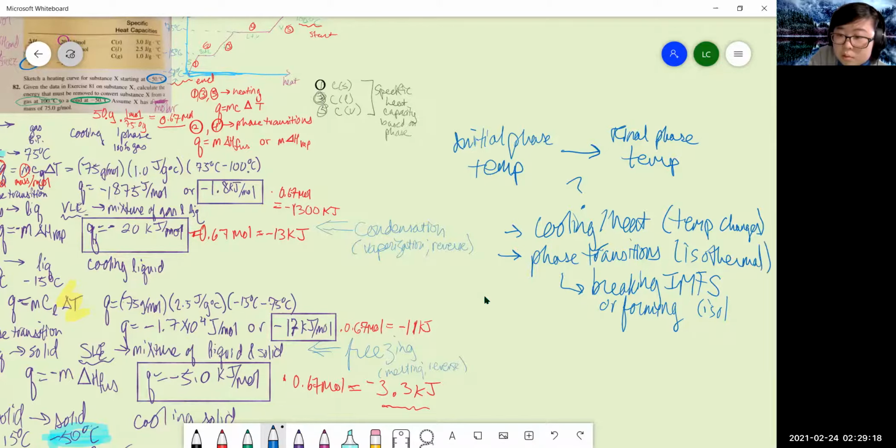No temperature changes are occurring. You're just breaking or forming bonds between the molecules. Not the actual bonds inside a molecule. They're intermolecular, so between molecules. So you're not breaking any chemical bonds. Not intramolecular, but intermolecular.